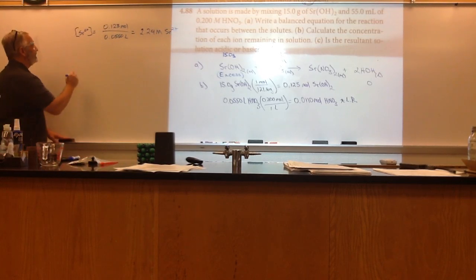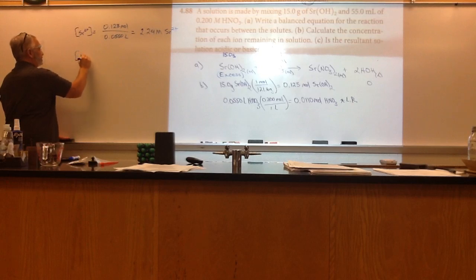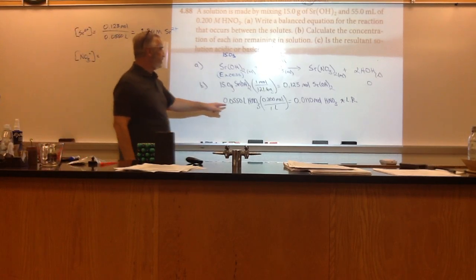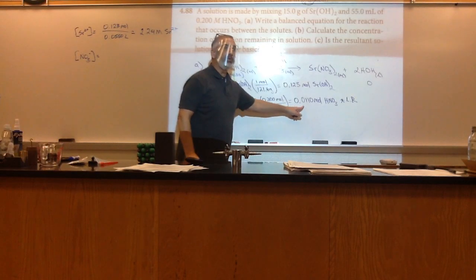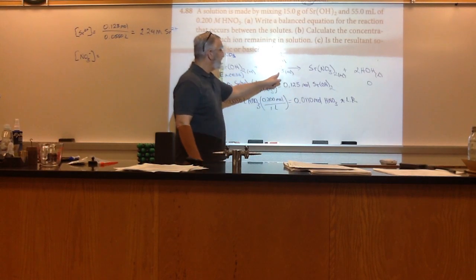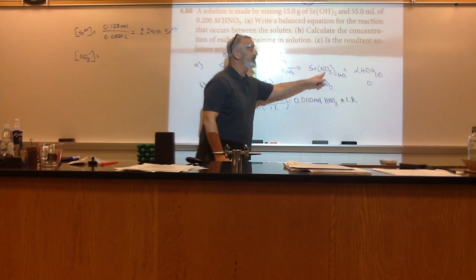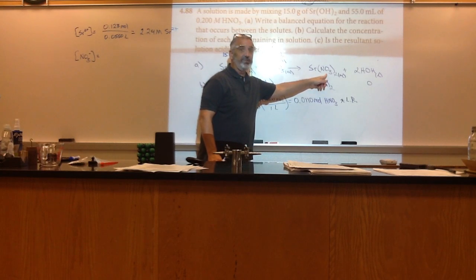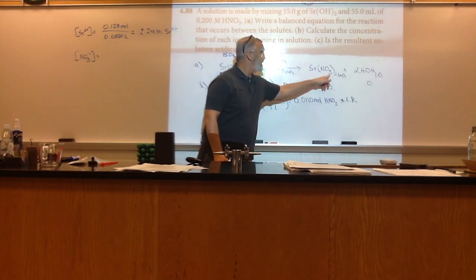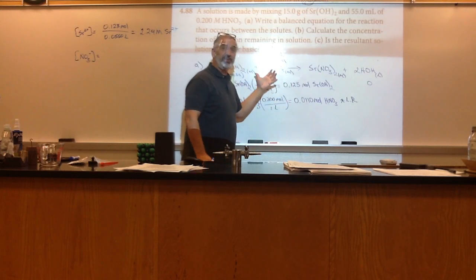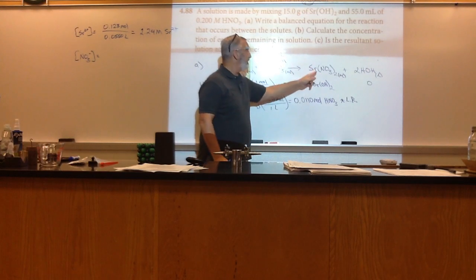Okay, now we can do the same thing on the nitrate. We know how much nitrate we put in, 0.011 moles. All the nitrate that was here ended up over here, so it's however many moles we started with here, that's how many moles we get there. And it's because of, again, conservation of mass. I mean, you don't just disappear.